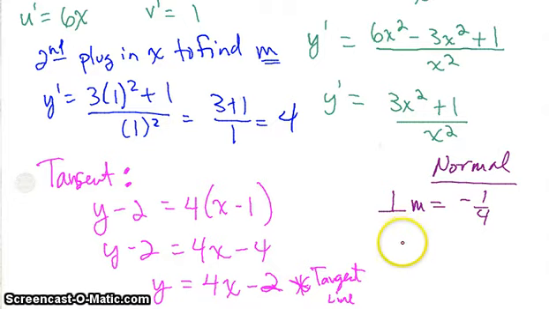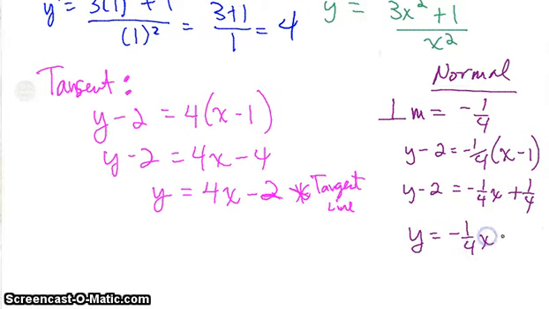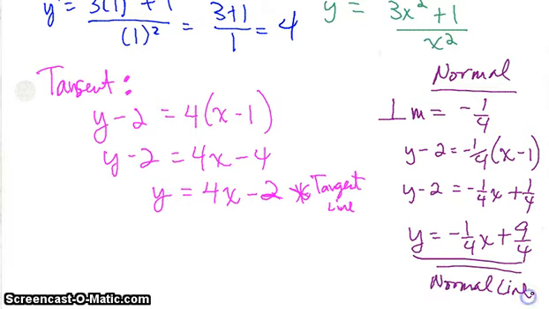And then we again are going to use point slope to say y minus 2 is equal to negative 1/4 times x minus 1. And this is our normal line. And we have our two solutions. Keep them separate. All right. So that is example 3.